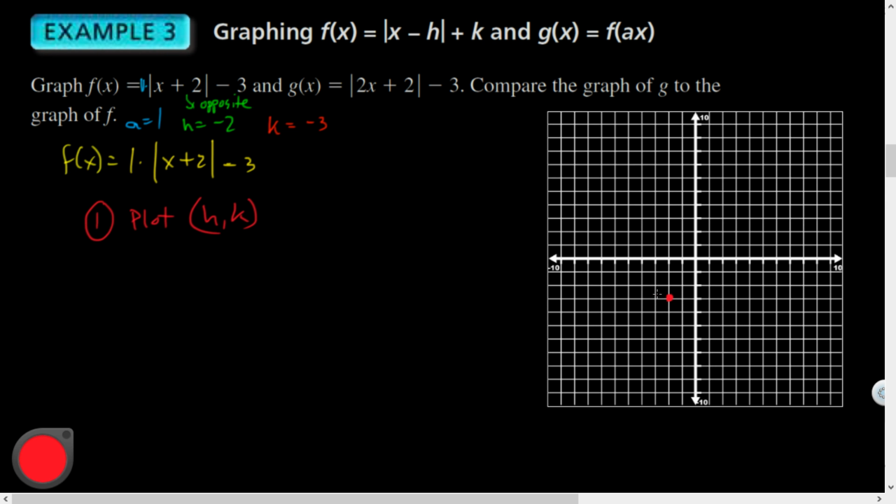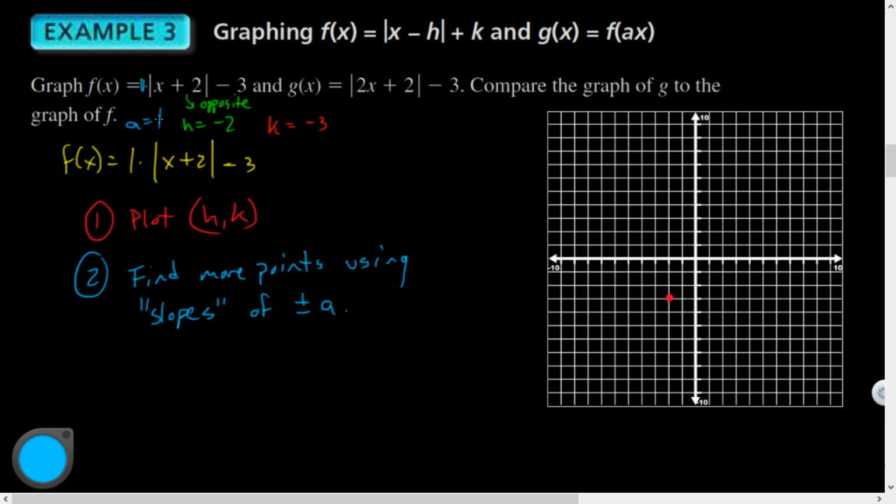And this is going to be my vertex. And now the slope, so to speak, is 1. And then find more points using, I'll just call it slopes, of plus or minus a.